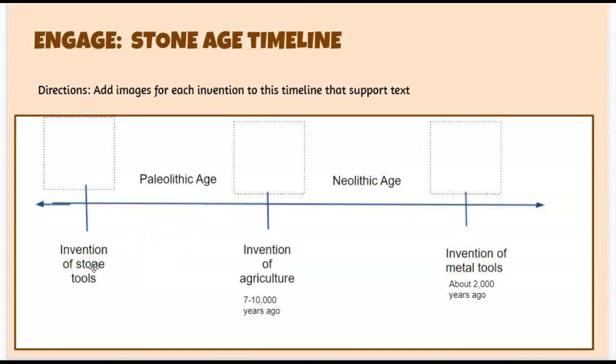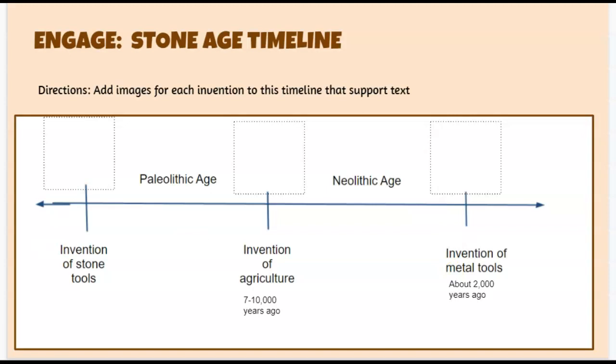This is sort of a tech activity to find the invention of stone tools, an image that represents that, and then an image that represents the invention of agriculture, which, by the way, is where we're going to jump in the history book. And then an image that represents the invention of metal tools. Again, that's what we will be learning in the history textbook.